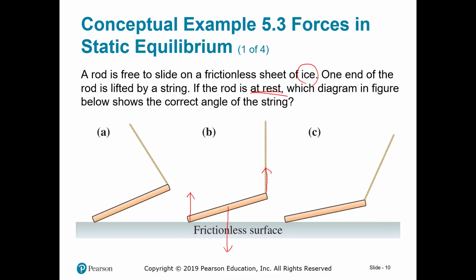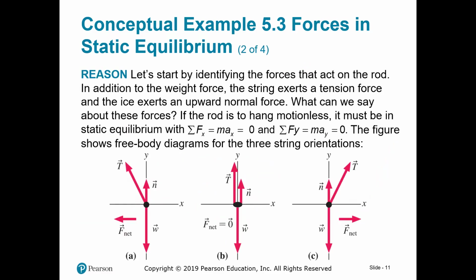I'll call these T, N, and W. All three forces are vertical forces. So F net equals T up, normal force up, minus W equals m a y equals zero, because this is in equilibrium. So the answer is D.